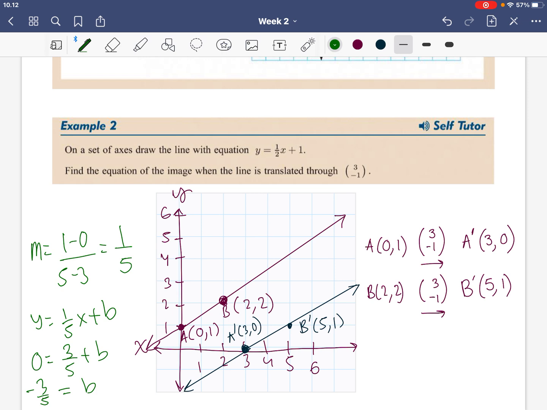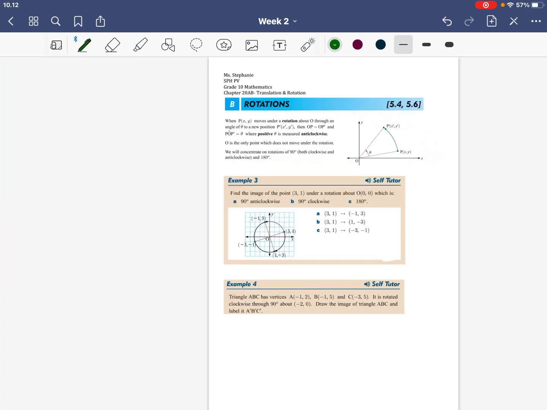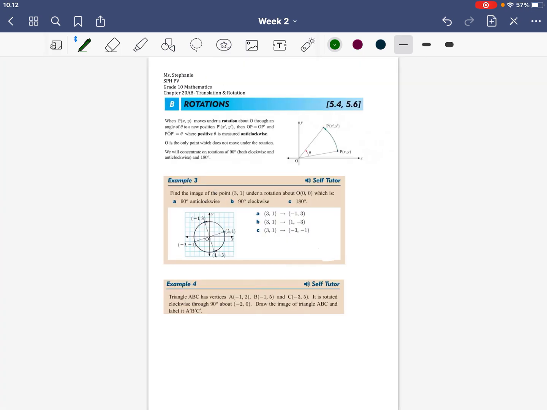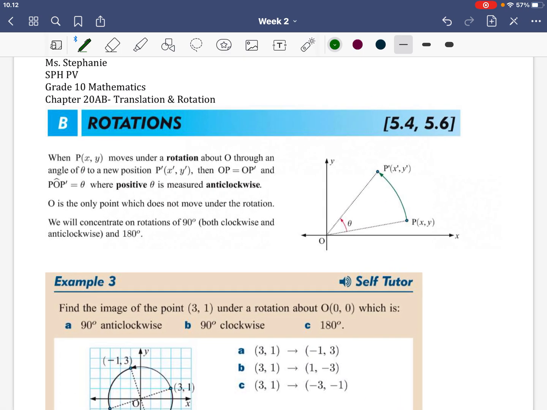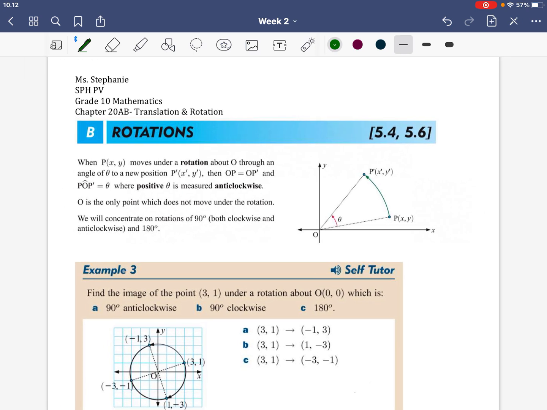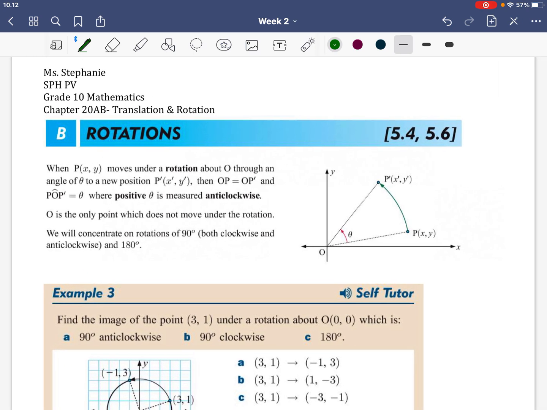Okay, that looks right. So around that. So y equals 1/5 x minus 3/5. That is our image.